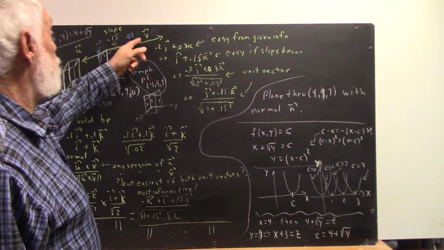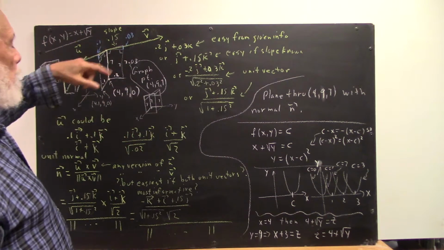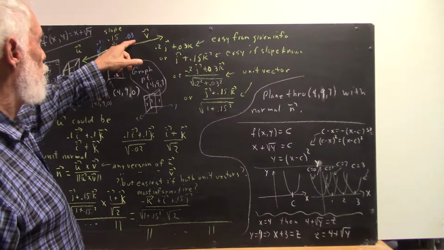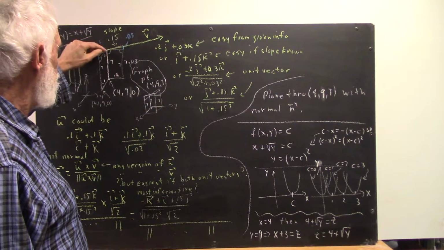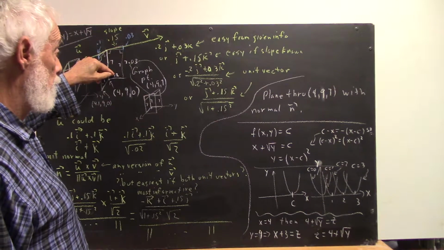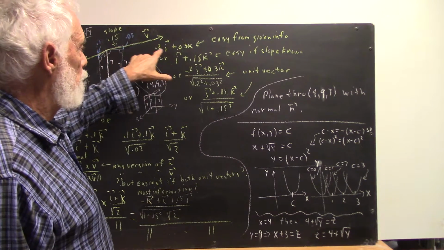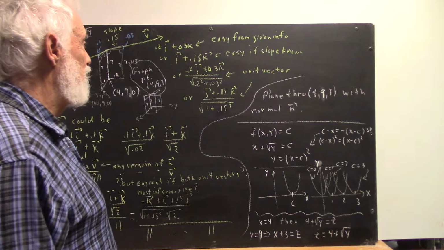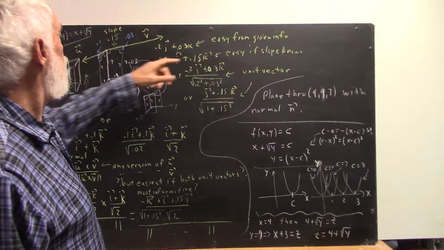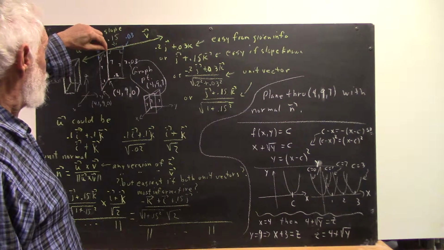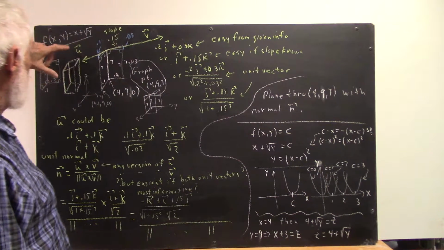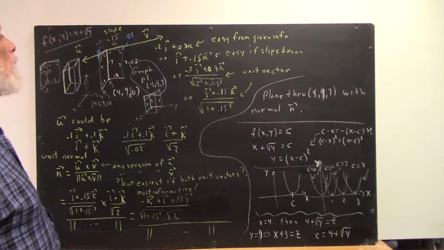For the vector v, the rise is 0.03, the run is 0.2. So we could say the vector 0.2j plus 0.03k represents the direction of this edge of our three-dimensional shape.